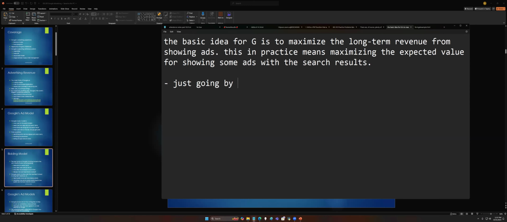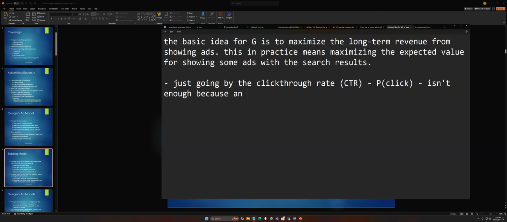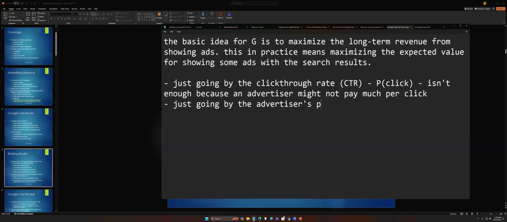And so just going by what's called the click-through rate, or CTR, which is essentially the probability of getting a click, isn't enough because an advertiser might not pay much per click, right? Likewise, just going by the advertiser's payout per click isn't enough because why?